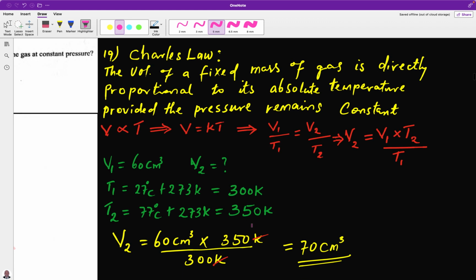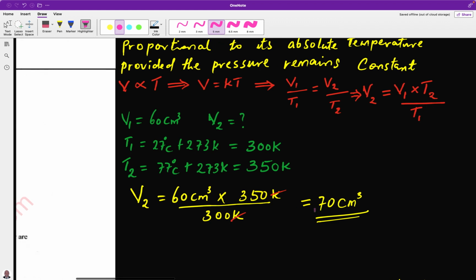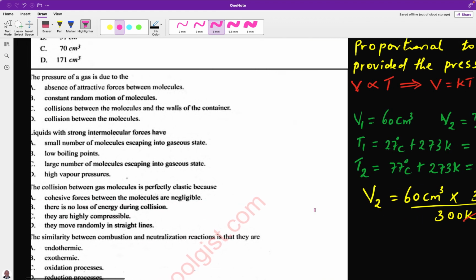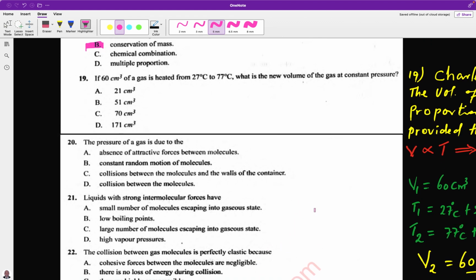When we substitute these values, V2 will be 60 cm cube times 350 Kelvin divided by 300 Kelvin. Our final volume would be 70 cm cube. And if we come here to our answer column, where we can have 70 cm cube, our answer for 19 will be C.